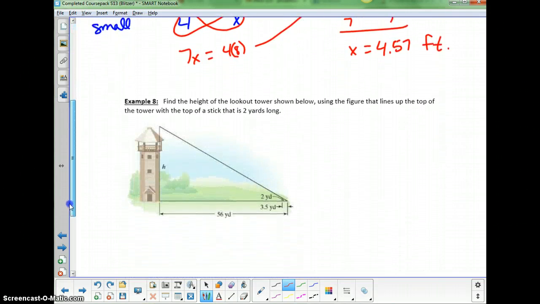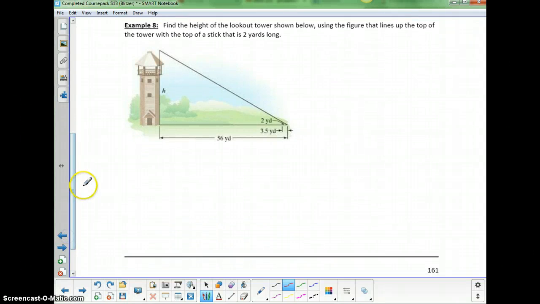And our last example here: find the height of a lookout tower, shown below, using the little tiny stick right here. So I've actually got two triangles, the large triangle and this inner triangle. Since it's inside the bigger one, I know they're in proportion with each other. So the tiny triangle is going to have a ratio of 2 over 3.5, comparing the height to the length.